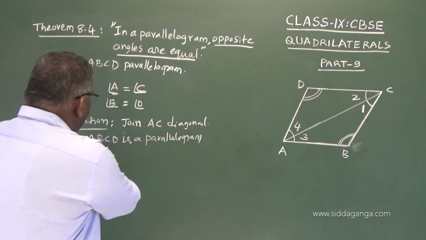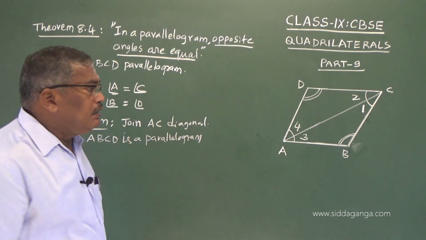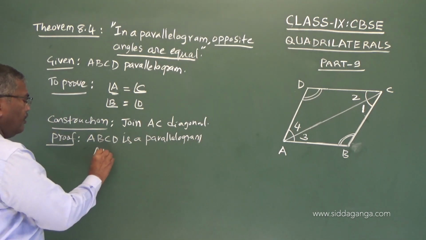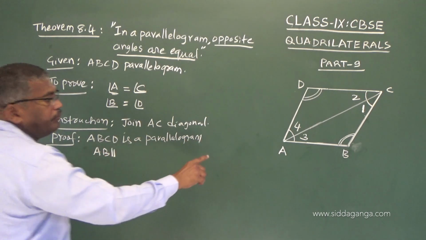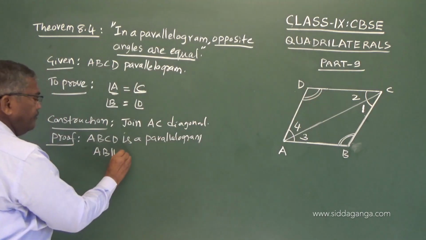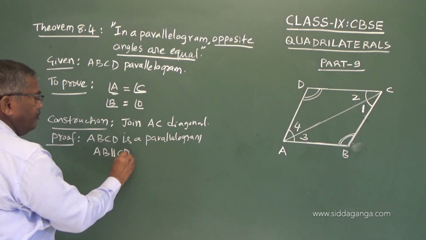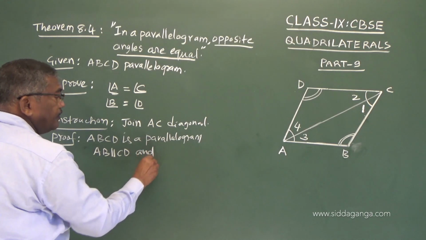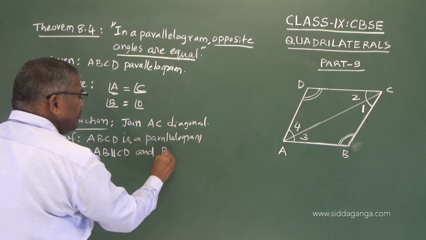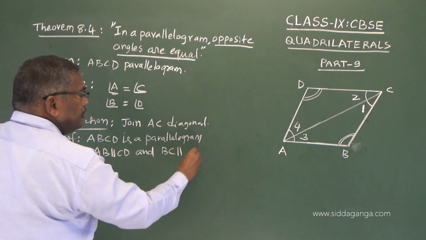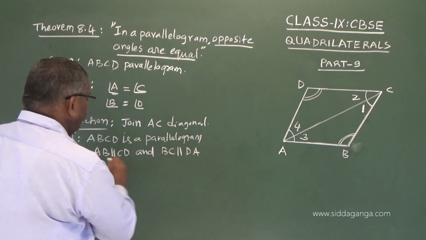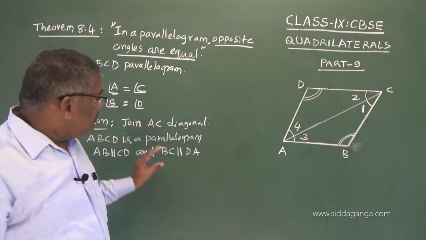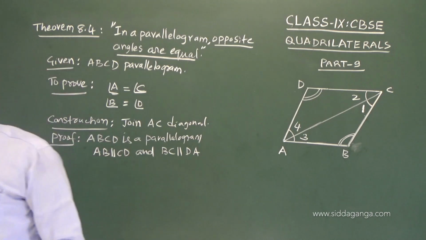So when that is told like that, we can straight away take, because it is a parallelogram, AB parallel to CD, and BC parallel to DA. So this is because it is a parallelogram. That means this data is given.